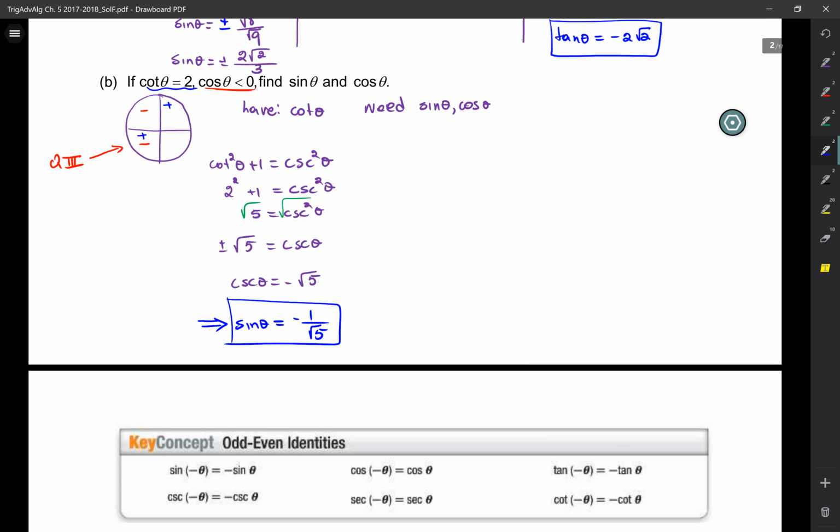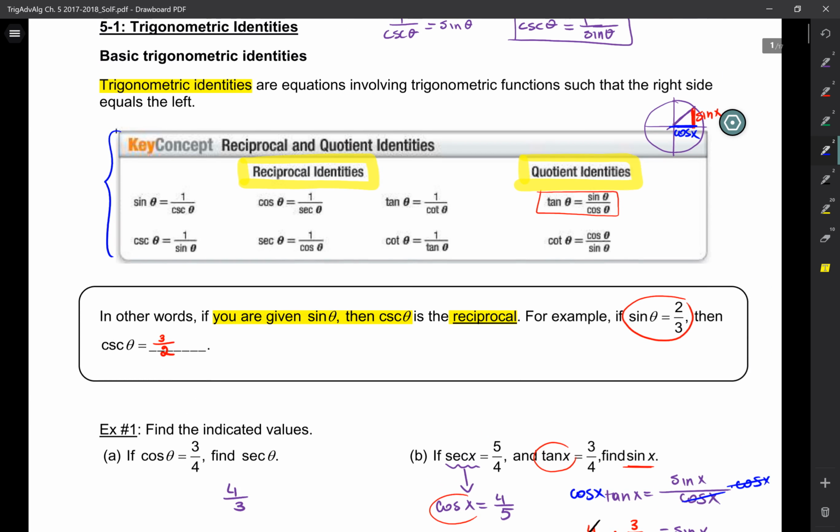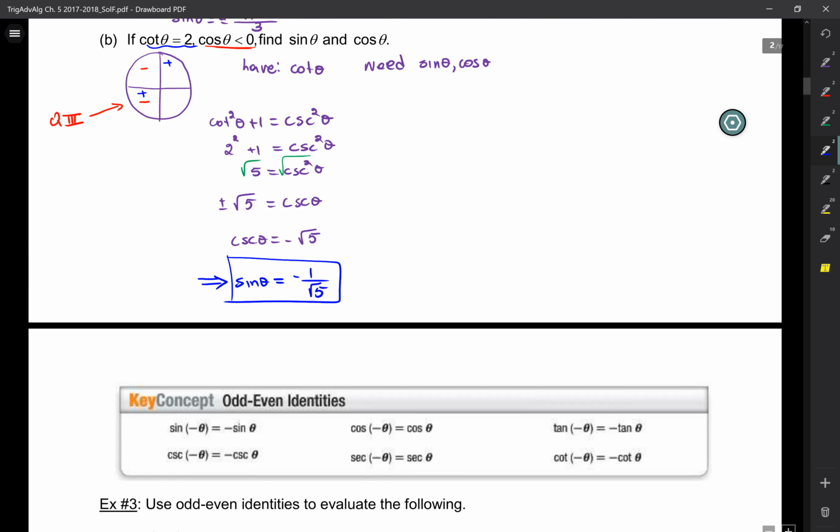But we've only found sine so far. We also need cosine. So now take a look at what I have. I have cotangent and sine. Can I use those two to find cosine? Yeah. Which one? Yeah, or the cotangent one. Like I could use this one, right? So cotangent theta is cosine over sine.